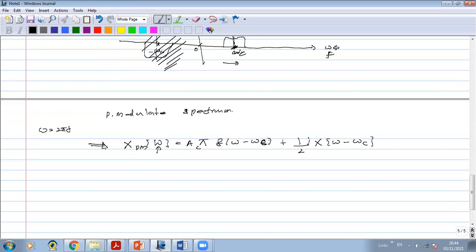The derivation is not much different, the same procedure we have to follow. As I can remember, it will look like AC by 2 delta(f minus fc) plus j half X(f minus fc), like this.